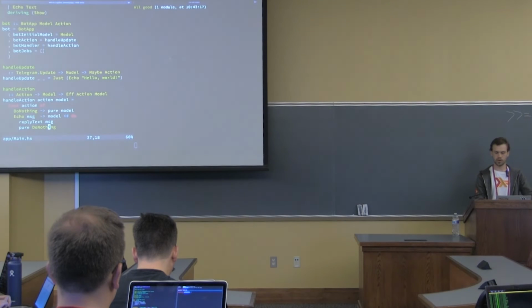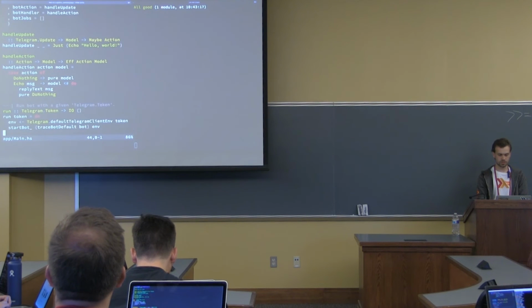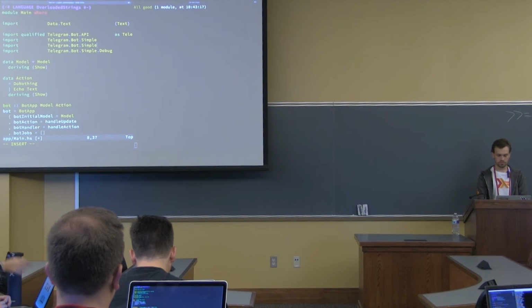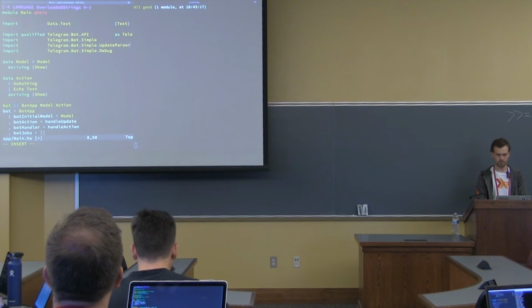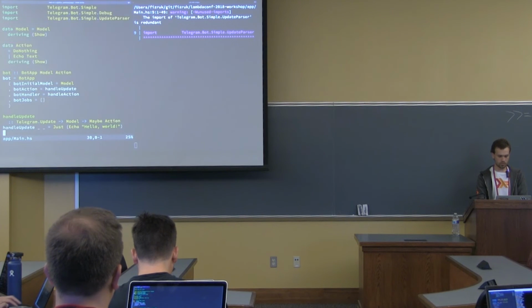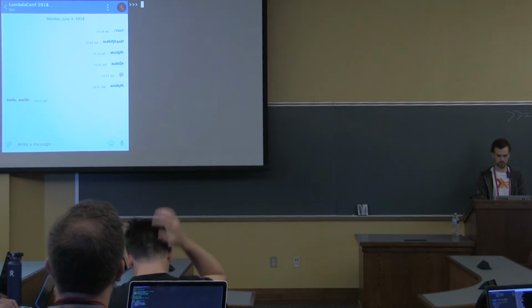Let's get to the second part of the echo bot. The second part is to be able to parse an update structure. For that, there is a module with some helpers called Telegram.Bot.Simple.UpdateParser. That module provides a lot of helpers. Let me just show you.